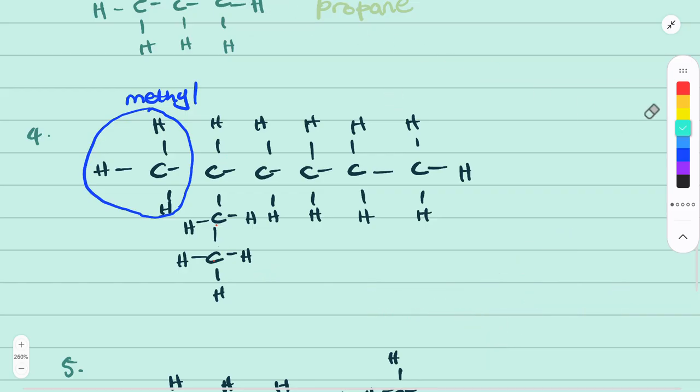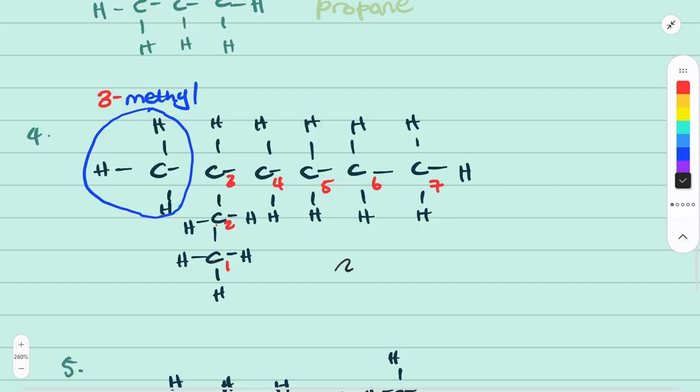So we start numbering 1, 2, 3, 4, 5, 6, and 7. And when we've numbered like this, it tells you which carbon this methyl is. So you're going to say 3-methyl, and then after that you start naming.